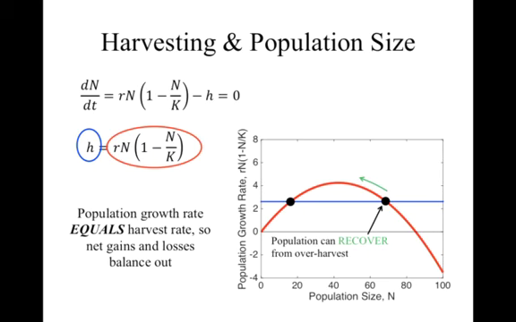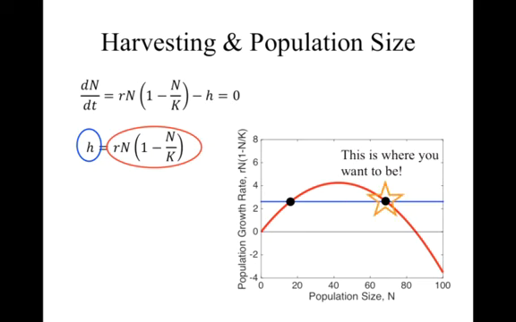And what that means is that if I over-harvest a little bit, if I lower the population a little bit from that equilibrium point, the population recovers because the population starts growing faster and filling in what I've removed. And if I remove a little bit too much again, then the population just grows faster again and compensates. So basically, you want to be at that high equilibrium point.